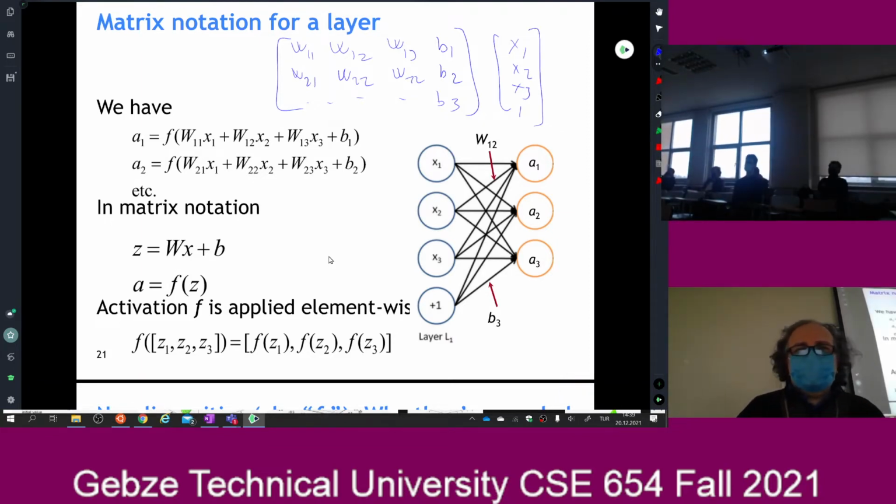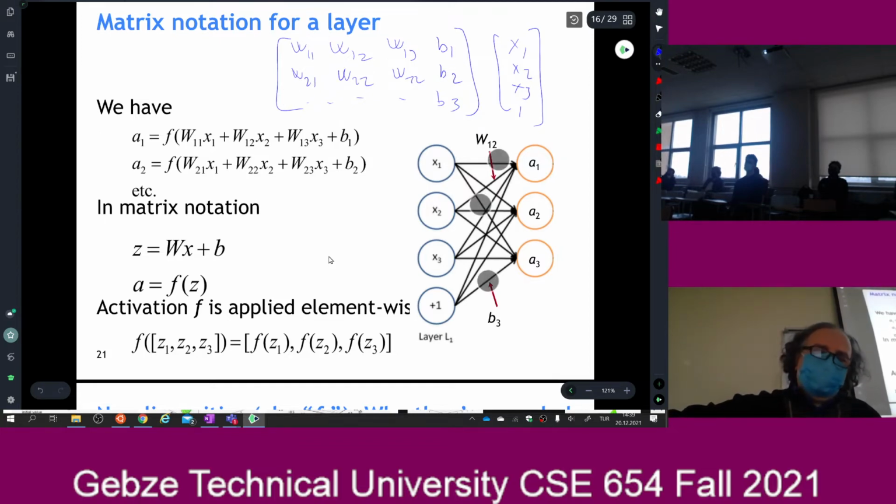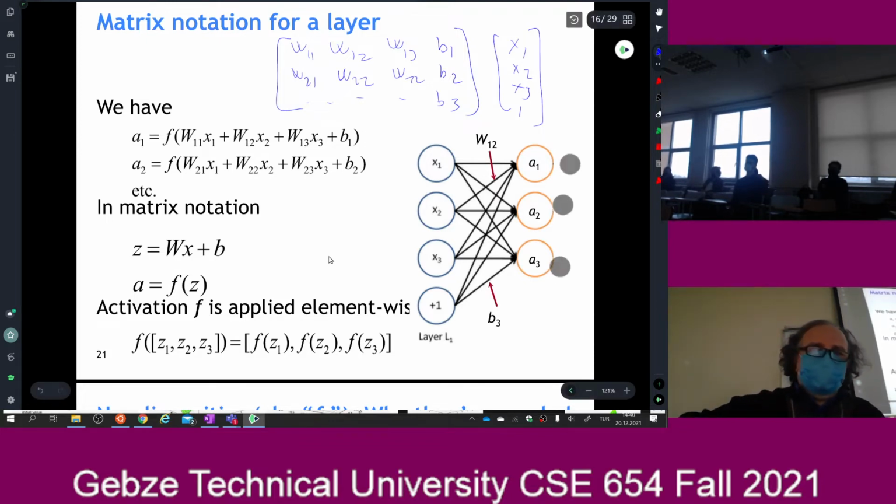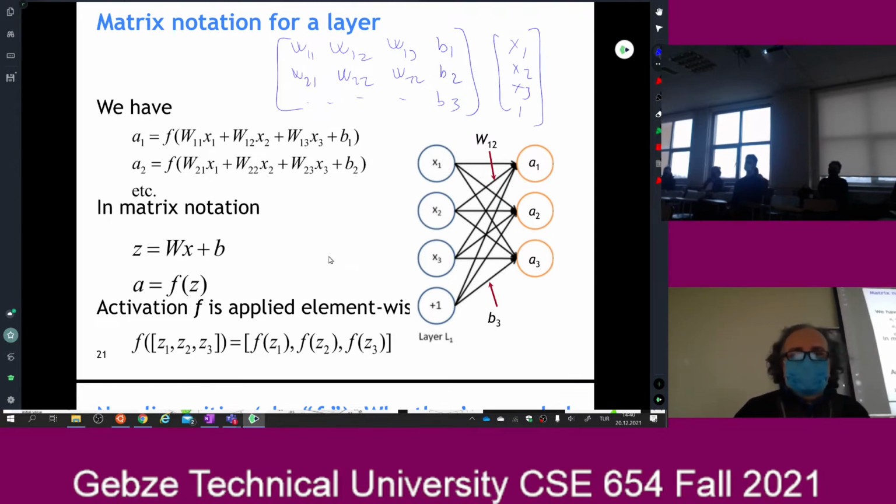Okay, so I have this matrix here. All these numbers are formed into a matrix notation, and I multiply it with this input, and I would get three numbers out of it. So this is a matrix times a vector. It's going to produce a vector, okay, and it would produce another three numbers, and I can repeat this process over and over again, depending on my decision on the number of layers, okay.